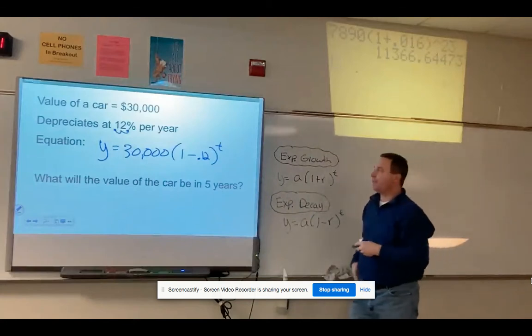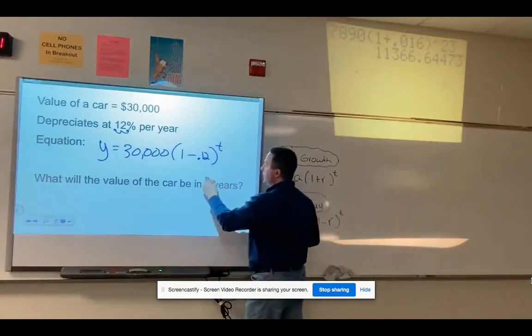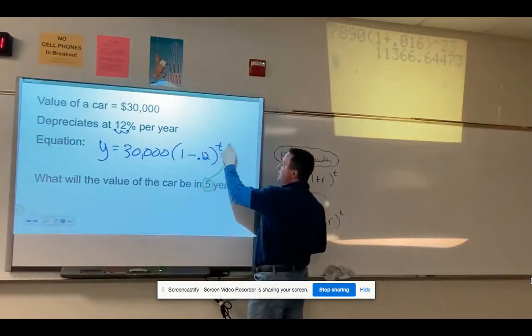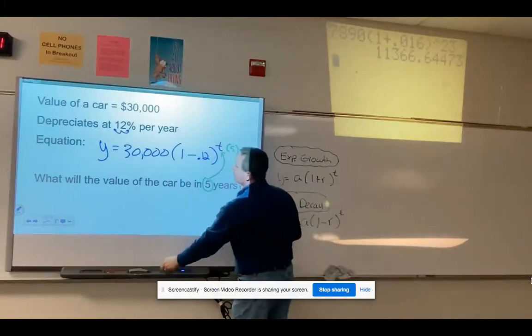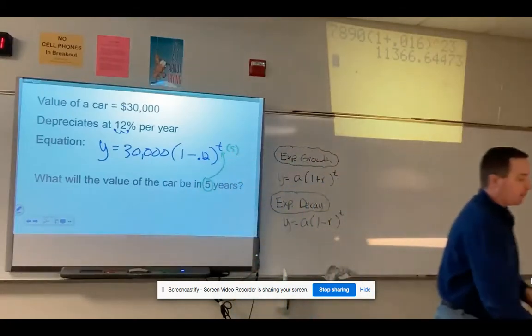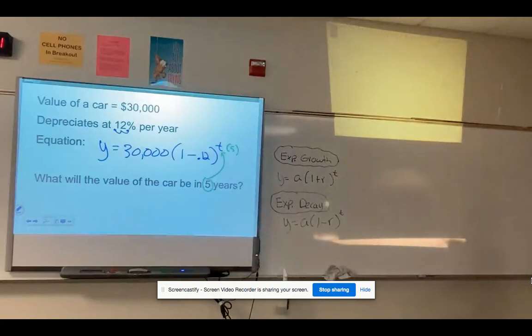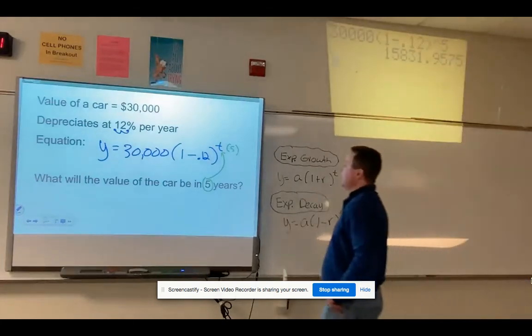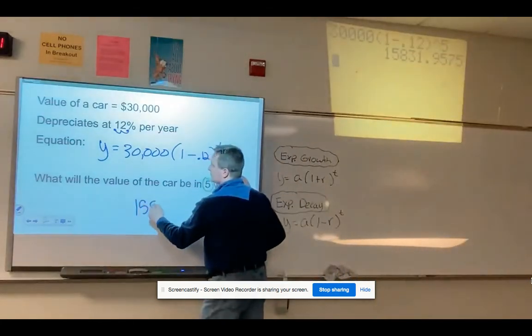How much will it be worth in 5 years? Well, we're going to replace the t with a 5. And one more time, I'll grab my calculator. And we'll go $30,000 times 1 minus 0.12 raised to the 5th power. It would be worth $15,831.